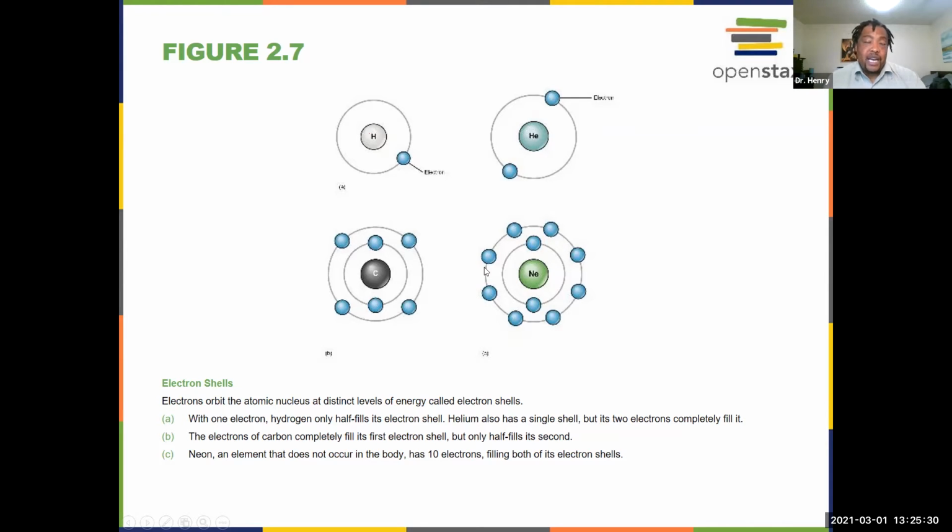Carbon wants to be like neon, so it wants to have a total of 8 electrons around it. So 8 plus 2, a total of 10. I'll explain that in a second. But in that outer shell, it wants to have 8 electrons. Carbon has 4 electrons in that outer shell. So it's going to do whatever it can to get those 4 electrons to be like neon.